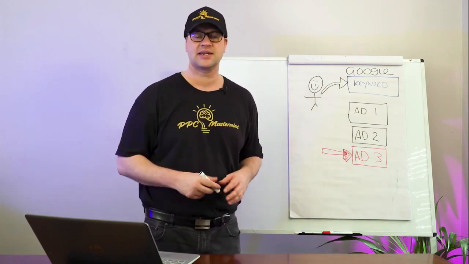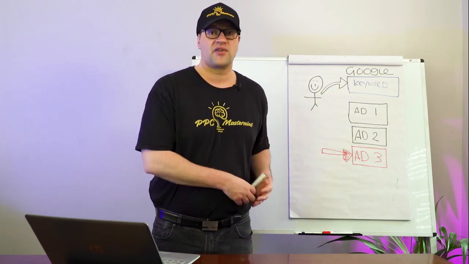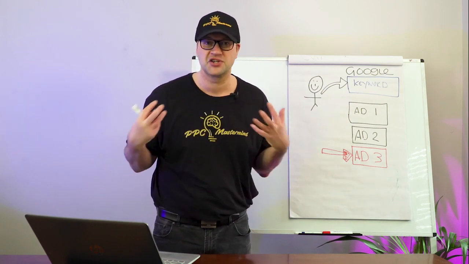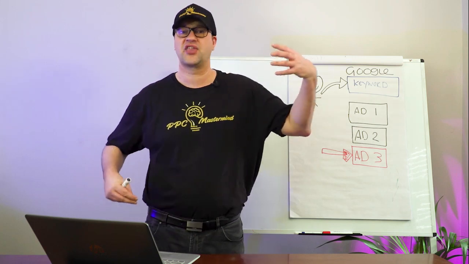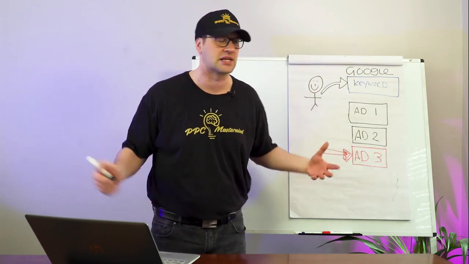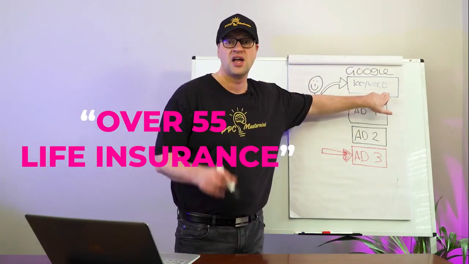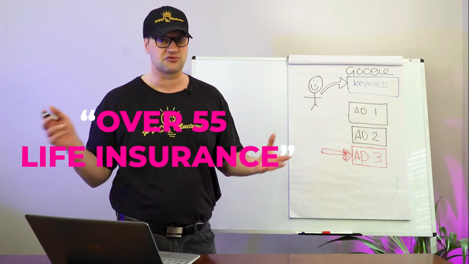So let's take an example. Let's say you have an over 55-year-old lady that doesn't have much money, doesn't have much income, but wants to buy life insurance, but she thinks that life insurance is expensive. She'll go to Google, she'll type in over 55 life insurance. Again, 4 or 5 different words in a sentence, guys, remember that.